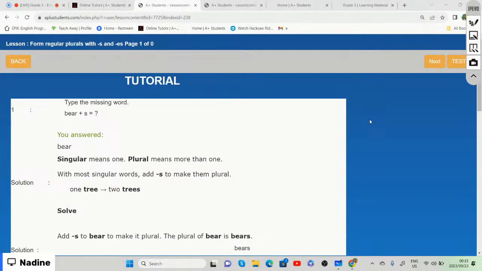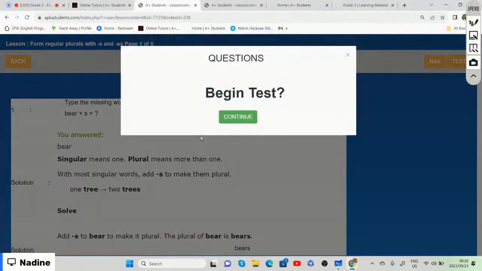And then once we either add an s or es, depending, it means it is now plural. And plural means more than one. That is when we add an s to show that there is now more than that one thing, or one item, or one person, or one place, or animal. All right, so now let's go to our test.